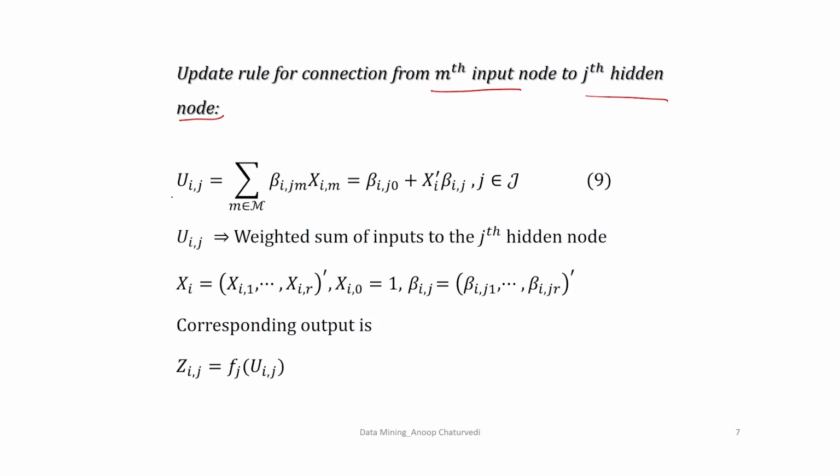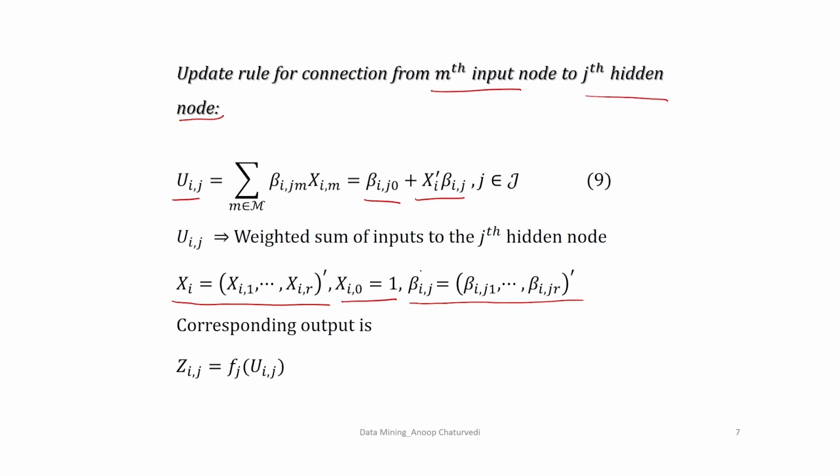Again, u_ij is equal to β_ij0 plus x_i^T β_ij for all j. So, actually u_ij is the weighted sum of inputs to the jth hidden node, and the ith input vector is x_i = (x_i1, x_i2, ..., x_ir)^T. x_i0 is obviously equal to 1, and β_ij = (β_ij1, β_ij2, ..., β_ijr).